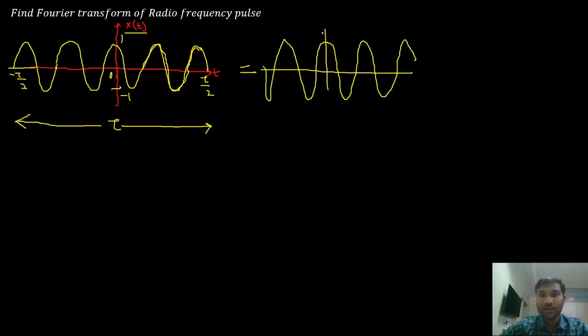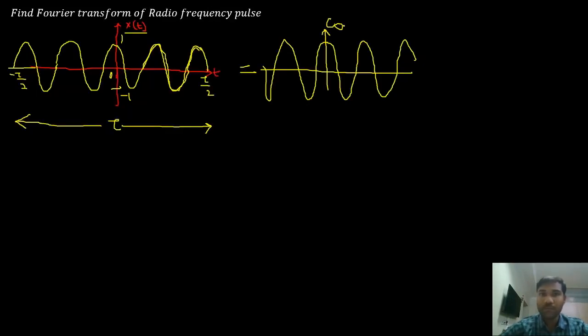This is a cos function, cos omega naught t. I'll multiply it with another function such that my resultant function lies only in the interval minus tau by 2 to plus tau by 2.